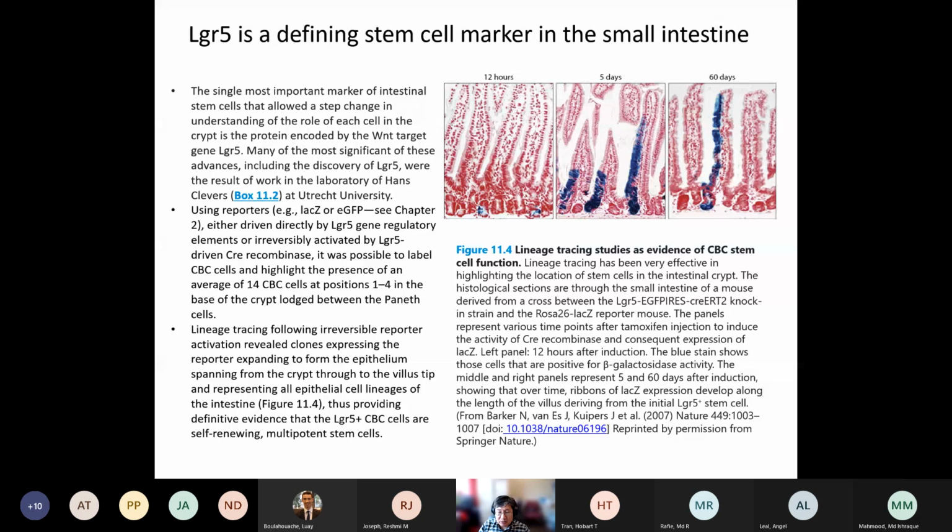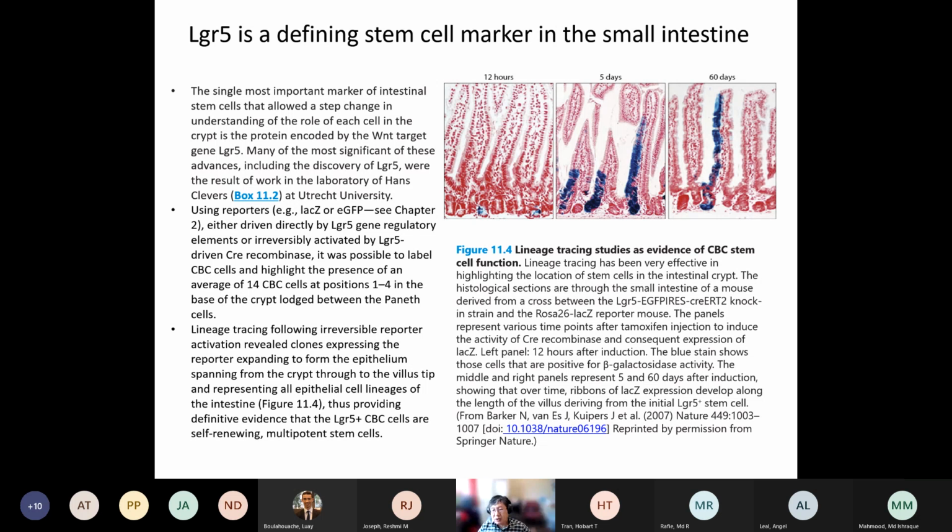In a lineage tracing, what you do is put a Cre, the recombinase, into the locus of LGR5. And in another locus, you put the indicator, like you put an indicator in ROSA26. Within the ROSA locus, that reporter is not expressed because in that locus, you have a stop signal in front of that coding gene.